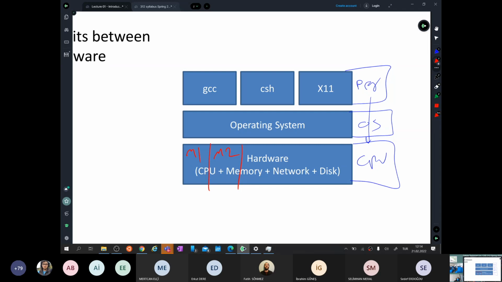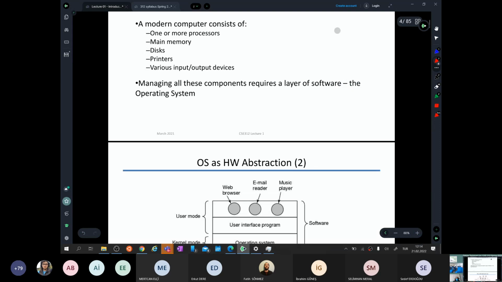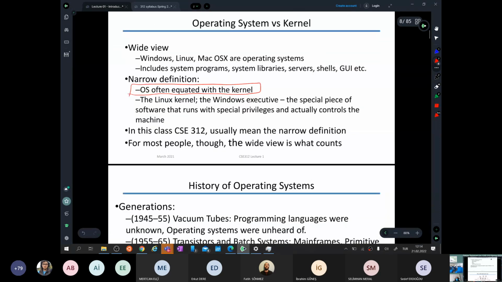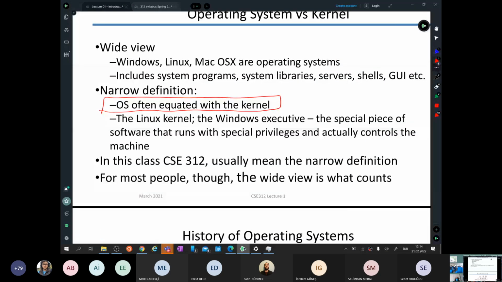So actually, in our case now, in the narrow definition of the operating system, if some piece of code doesn't run in the kernel mode, we don't consider it as a part of the operating system for us. So in this course, we usually mean the narrow definition of the operating system. Whatever software runs in kernel mode, they can do whatever they want.